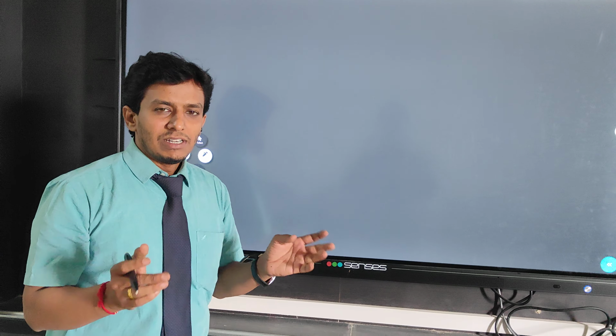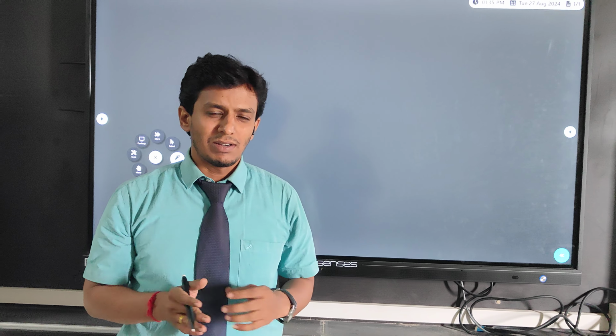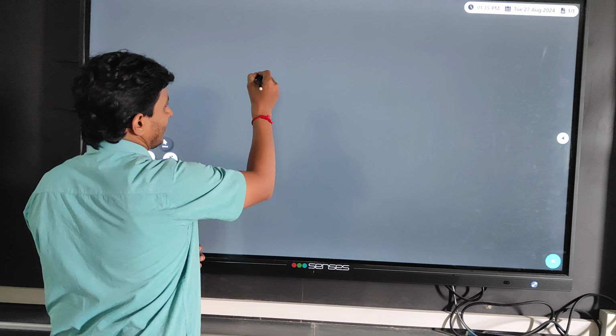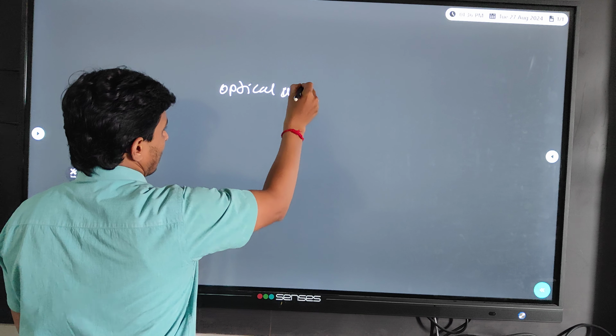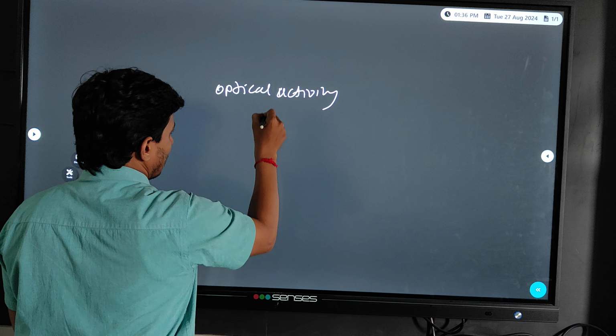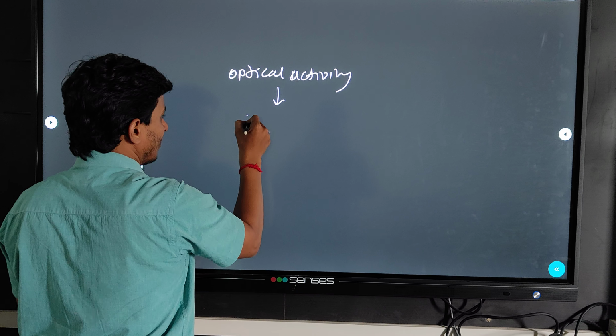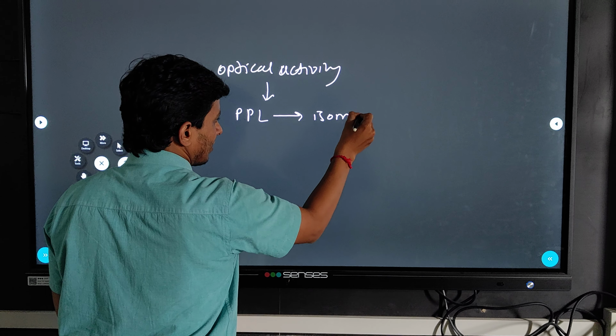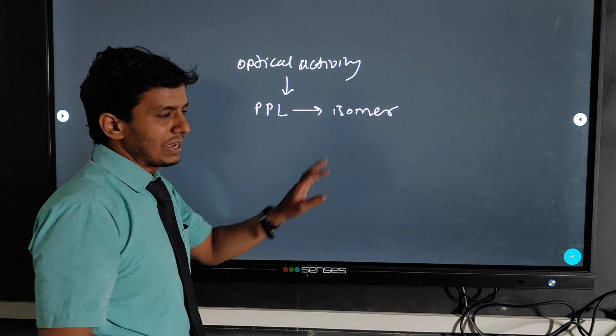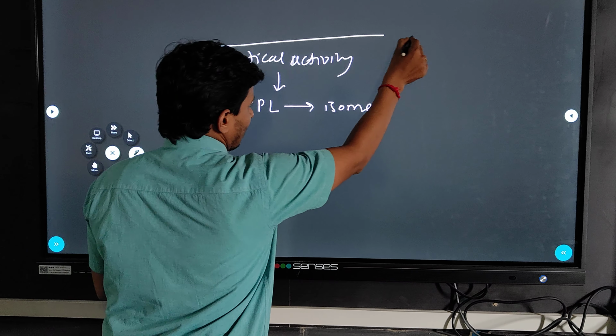So dear students, this is up to optical activity. This is due to the interaction of plane polarized light with the isomer. That is one thing.